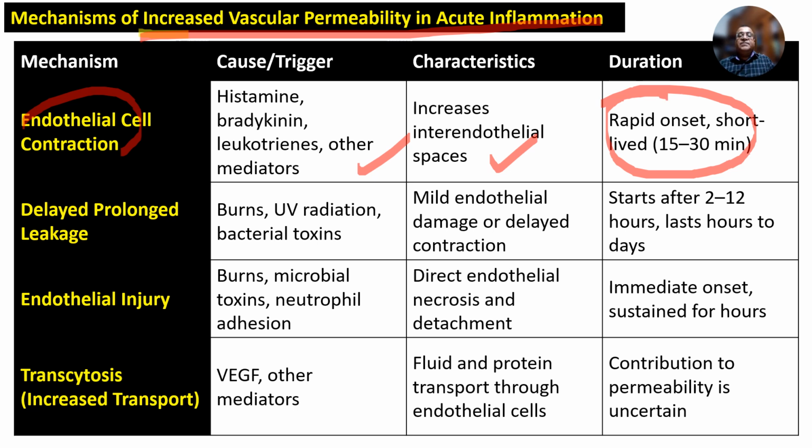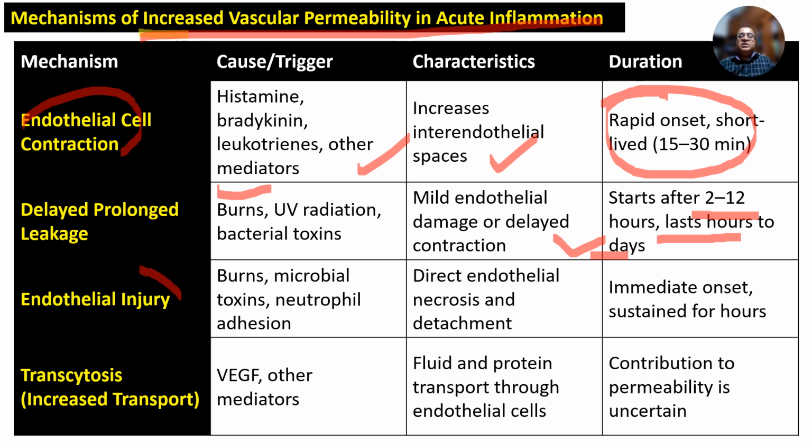Then there is a delayed prolonged leakage that occurs in burns, ultraviolet radiation, and bacterial toxin. There is mild endothelial damage or delayed contraction of the endothelium. So it starts after 2 to 12 hours and lasts hours to days.